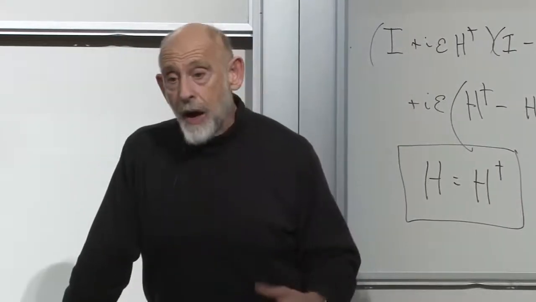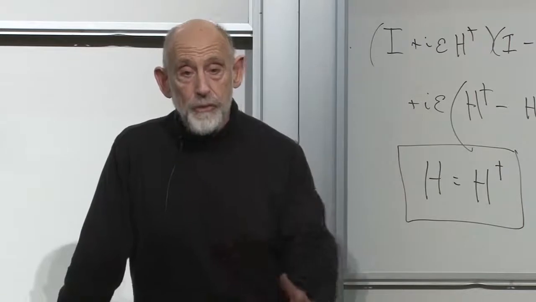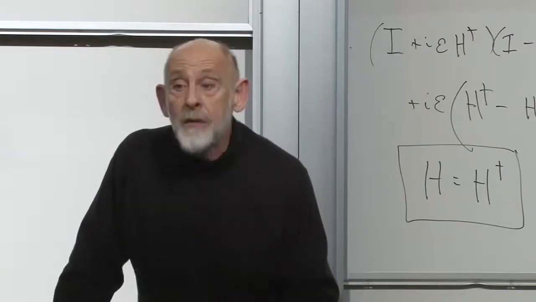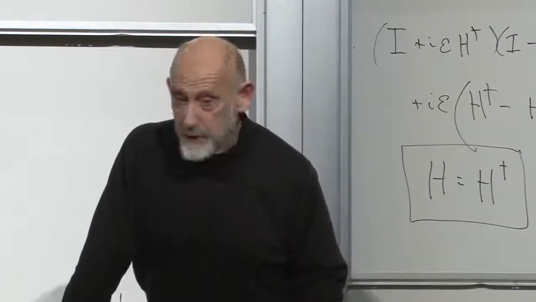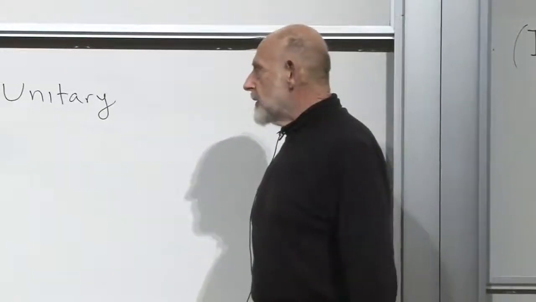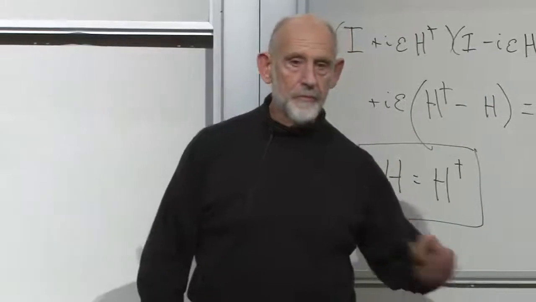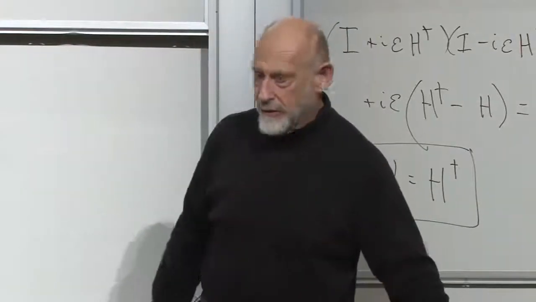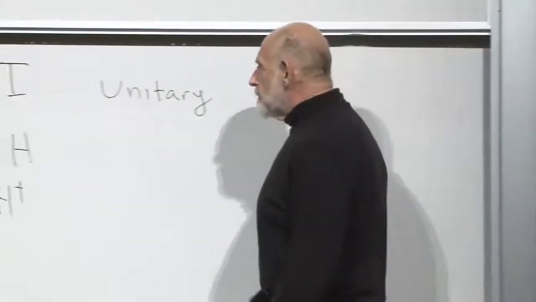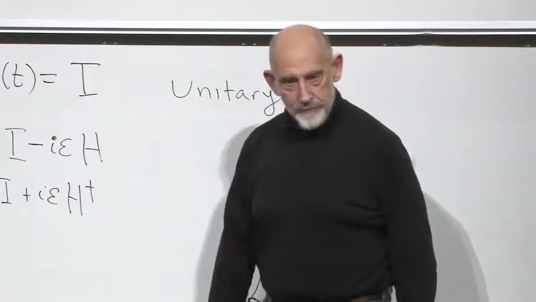Otherwise, if the parameters of the problem are not varying with time, then you say the Hamiltonian is not time dependent. It's exactly the same. Normally when you do an expansion like that, you'd be using, say, H of zero. Yeah, that's right. In principle, H could be a function of time.